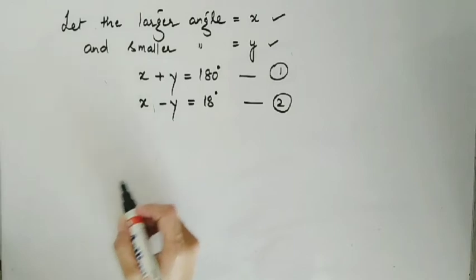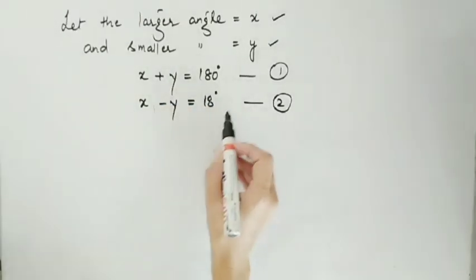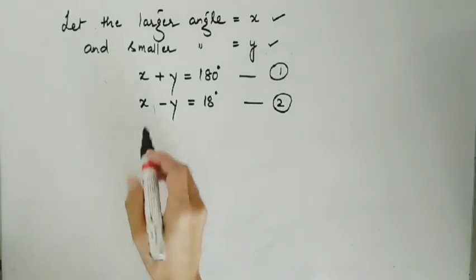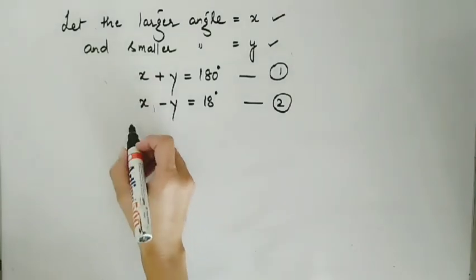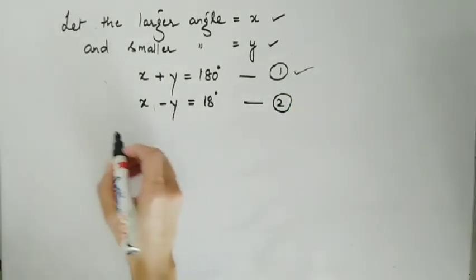Now the substitution method says pick any equation out of these two and express it in terms of the other variable. Suppose I take equation 1.